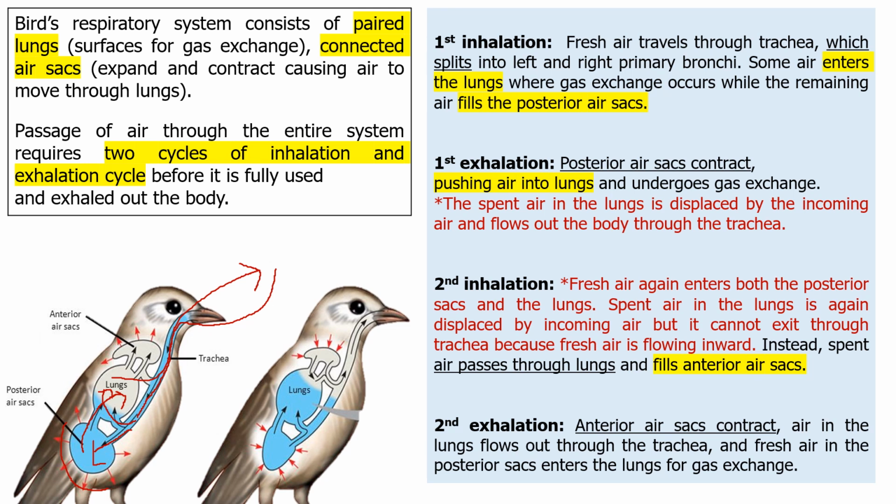So the spent air passes through the anterior air sac. So second exhalation, the anterior air sac contracts, air in the lungs flows out through the trachea, and fresh air in the posterior air sac will again enter the lungs for the gases exchange.